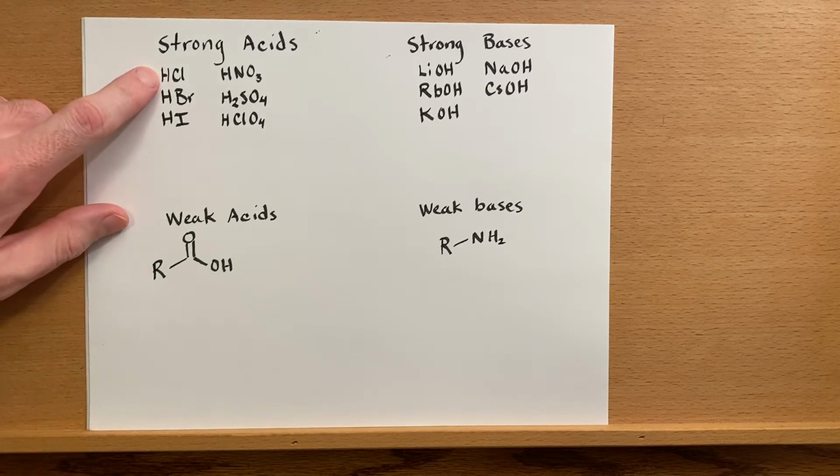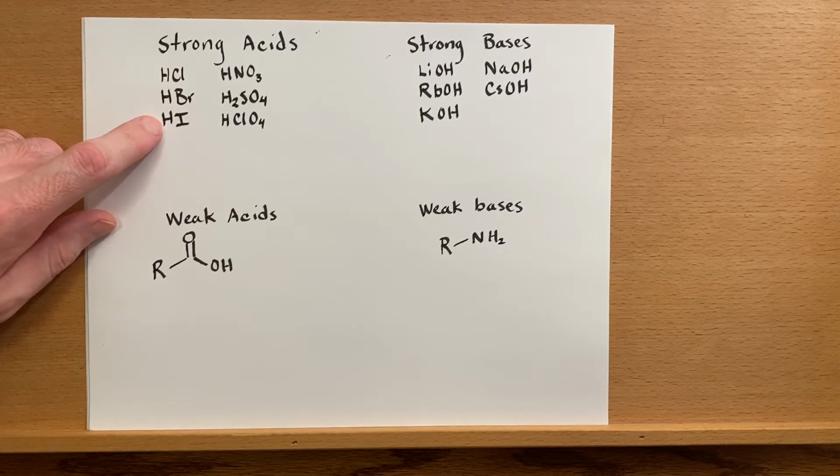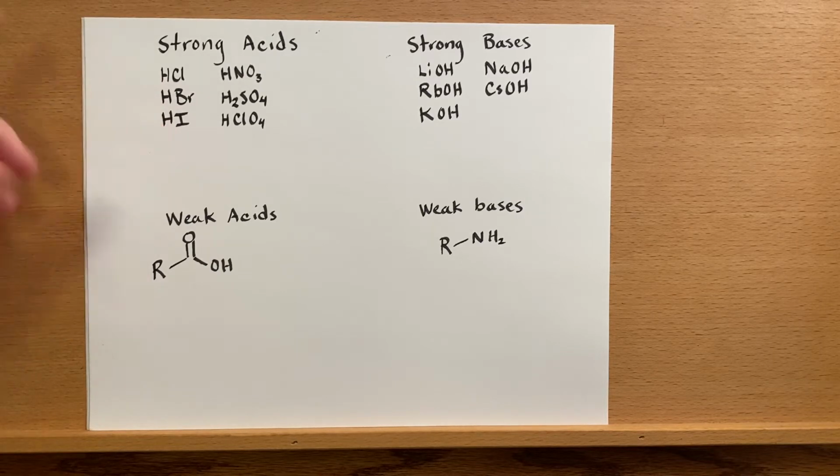We have hydrochloric acid, or HCl, hydrobromic acid, HBr, hydroiodic acid, HI. That's simply the halogens without fluorine. You might ask why fluorine isn't on there, and it really depends.